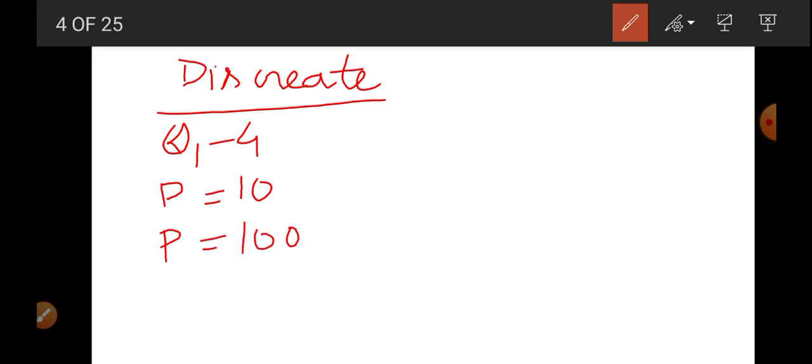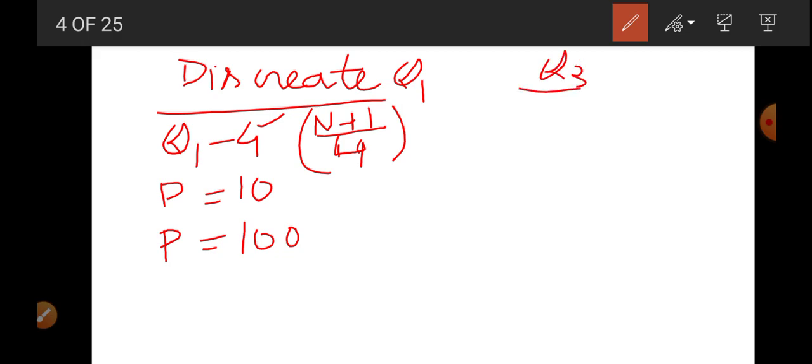So we use the equation (n+1)/4 because it divides into 4 parts, for getting Q1. For Q3, how do we calculate? We use the equation (n+1)/4 and we write 3 outside. So this is the equation for quartile 3.